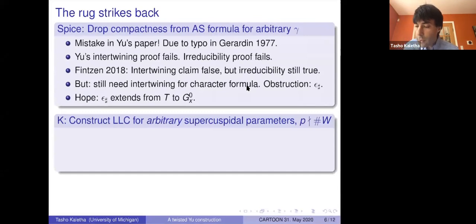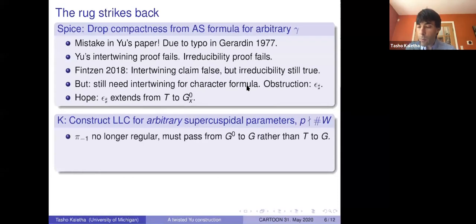Now, parallel to this, I tried to construct the local Langlands correspondence for arbitrary supercuspidal parameters that are not regular, when p does divide the order of the Weil group. And what this meant is that because phi minus 1 is no longer regular, we don't associate a torus. It doesn't come from the Langlands-Shelstad construction from a torus. So instead of passing from a torus to G, we have to pass from G0 to G. G0 is where phi minus 1 is defined.